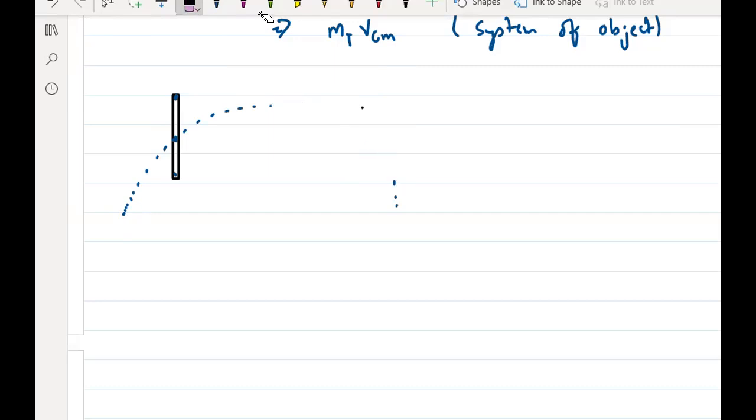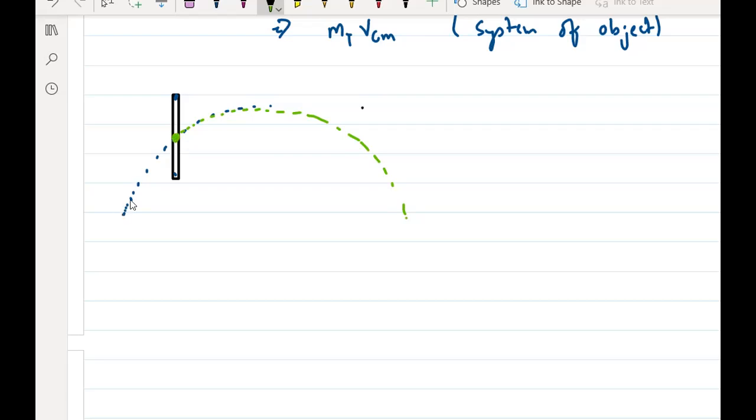Yes or no? Because when I'm saying center of mass, I'm actually making this whole object a point mass. I'm assuming that all the mass is concentrated at the center. So I'm considering this as a point mass now.